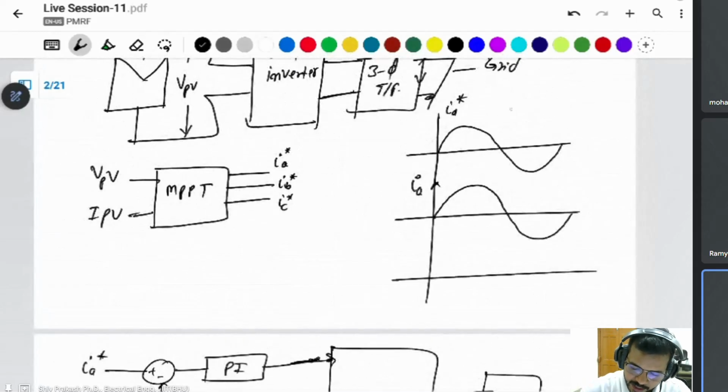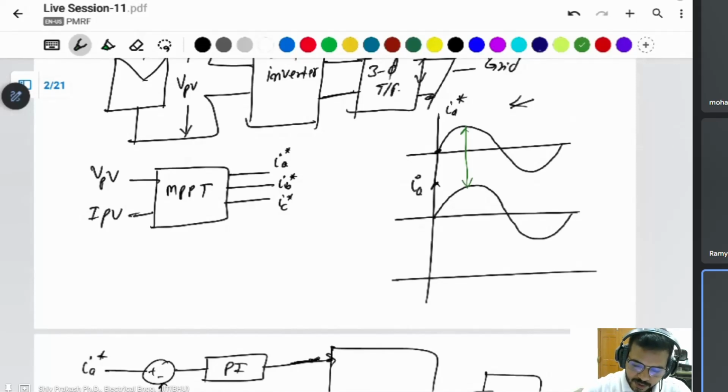Suppose there is a reference current and an output current. The reference starts from 0, the output current is 0, so the PI controller can track it and gives an error of 0, because a PI controller is used to reduce the steady-state error.